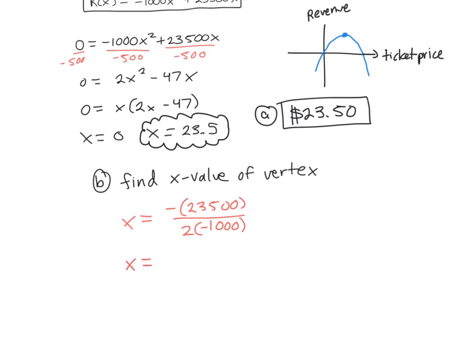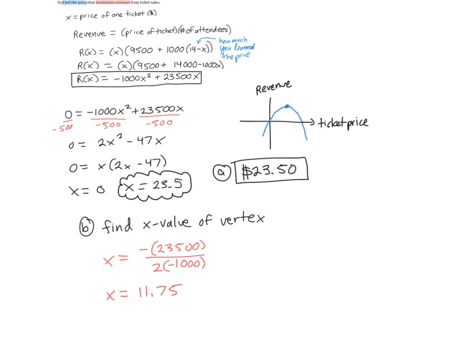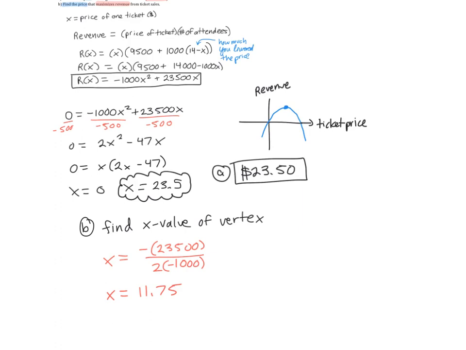So we can get a decimal approximation for this one. x is going to equal 11.75. Let's make sure we have a complete answer. Remember, they asked us to find the price that maximizes revenue. So the price would be $11.75. So that's the x value that achieves this maximum revenue right here. And you could find the maximum revenue by plugging this in and seeing what the y value of your vertex is.